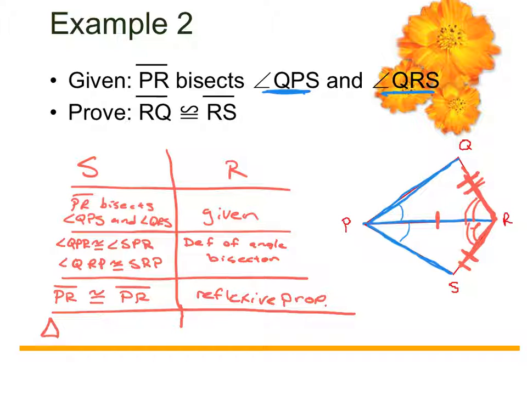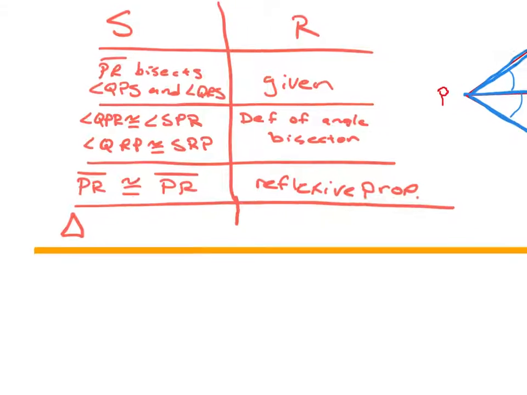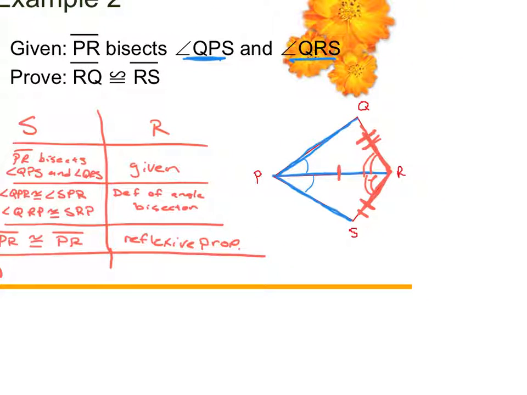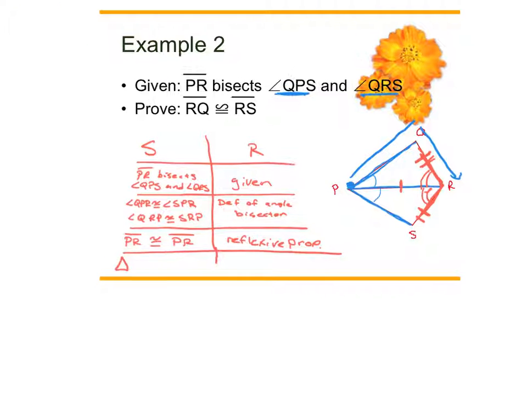Now, again, just to show you that we can name this triangle anything we want, somebody give me 3 letters of the top triangle. PQR? I heard PQR. So I'm going to follow this pattern. So my first one is going to be triangle PQR is congruent to, now I have to follow that same pattern here, PSR.